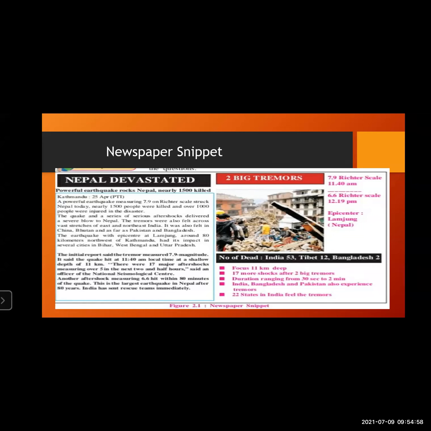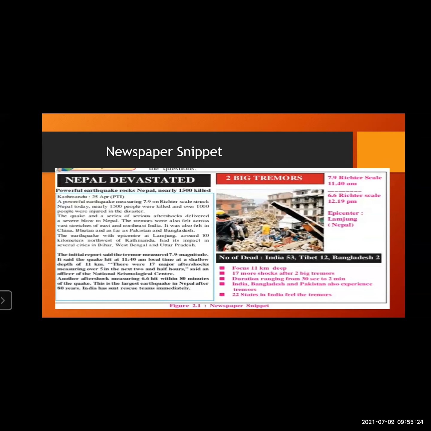It had an impact in several cities in Bihar, West Bengal and Uttar Pradesh. So India was also affected because of this earthquake which occurred in Nepal. The initial report said the tremor measured 7.9 magnitude. It said the quake hit at 11:40 a.m. local time at a shallow depth of 11 kilometers.